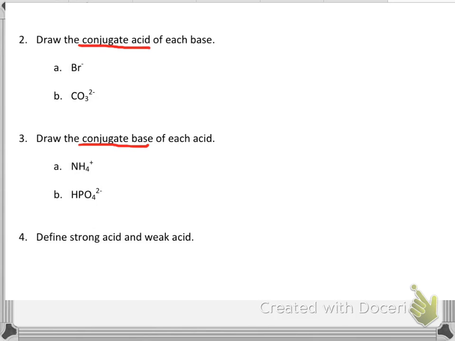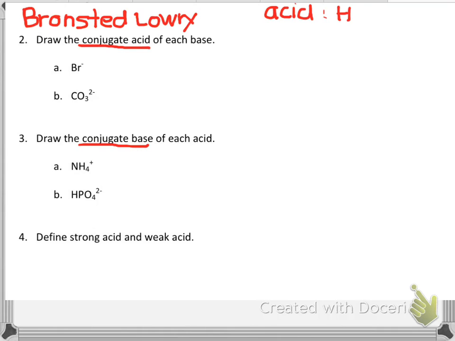These two words have to do not with the Arrhenius definition, but with the Bronsted-Lowry definition. Now, in the Bronsted-Lowry definition, the acid is a proton donor, and the base is a proton acceptor.